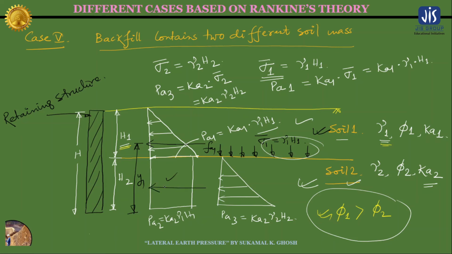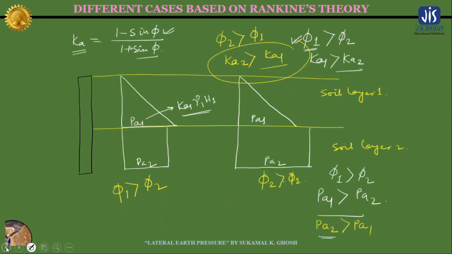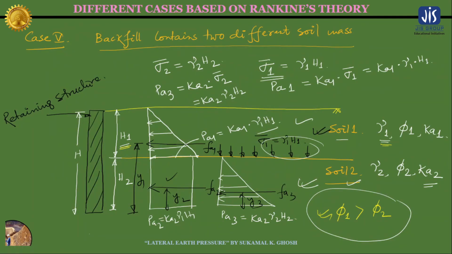Now for this particular pressure distribution diagram, the resultant active earth pressure force, that is Fa2, will act at a depth of Y2. And for this particular pressure distribution diagram, the active earth pressure force, that is Fa3, will act at a depth of Y3. And these Y1, Y2 and Y3 values are, see, this Y1 will be H2 plus H1 by 3, right?